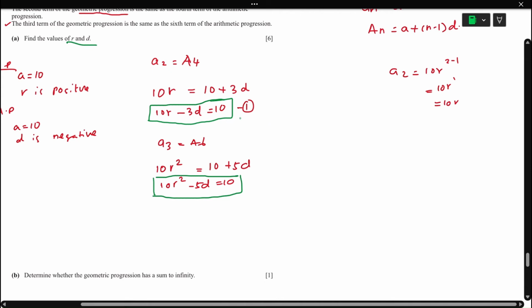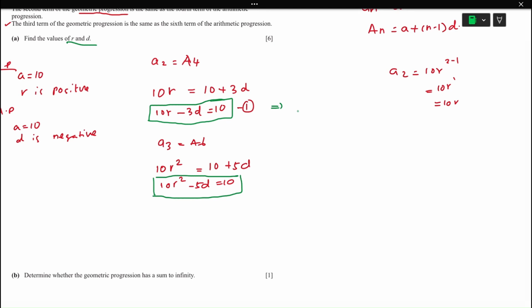From the first equation, I'm going to make d the subject. So 10r minus 10 equal to 3d, so 10r minus 10 by 3 equal to d. This value I substitute here: 10r square minus 5 into 10r minus 10 by 3 equal to 10.